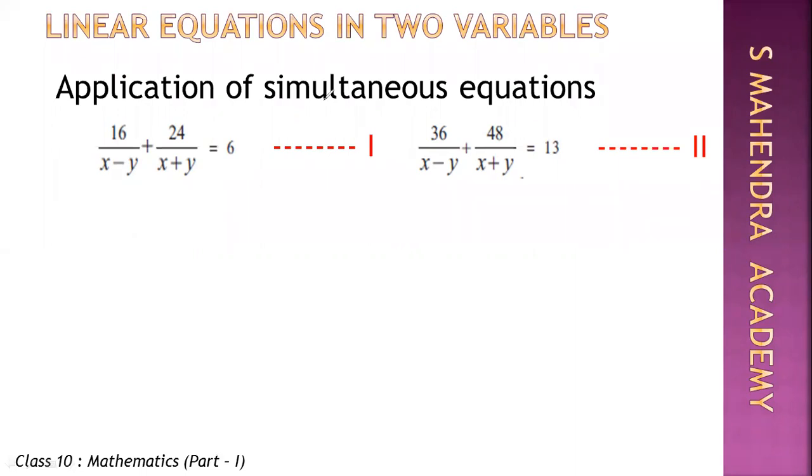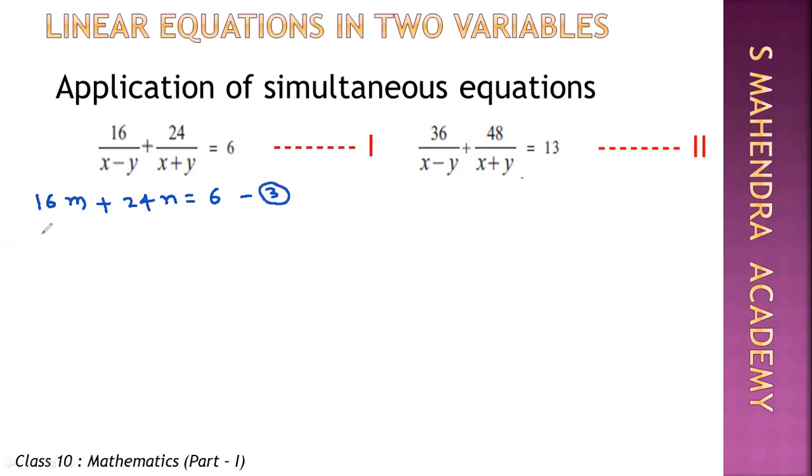So first we will convert these equations into linear equations by substituting 1 upon x minus y as m and 1 upon x plus y as n. So after substituting, 16m plus 24n is equal to 6, and the equation will be designated as equation number 3.